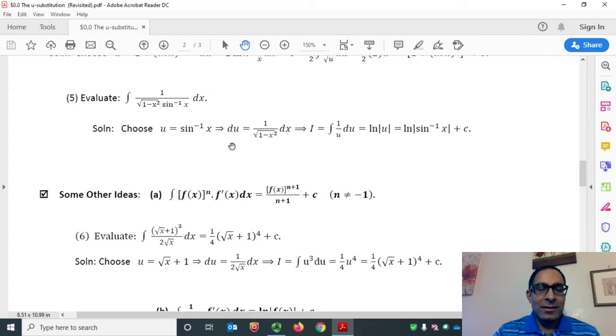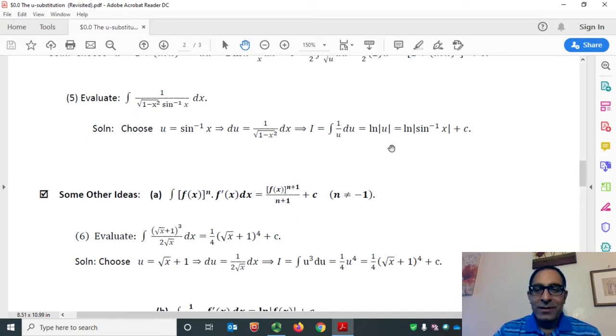Then let's rewrite the integral. Then this given integral I equals to 1 over u times du. Then you can easily integrate 1 over u. Next step, the integration of 1 over u is natural log of the absolute value of u.